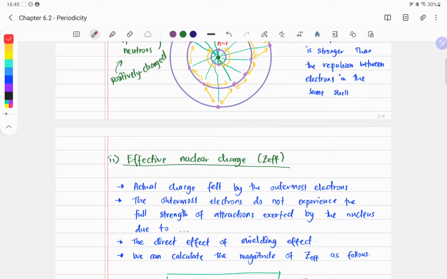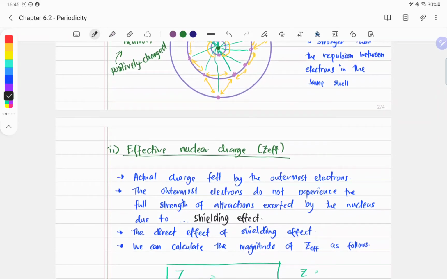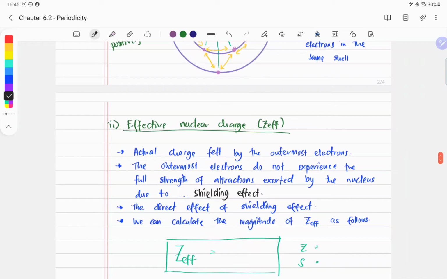The outermost electrons do not experience the full strength of attraction exerted by the nucleus due to the shielding effect. Jadi electrons dekat paling luar ini, dia tak rasakan daya tarikan sepenuhnya. Itulah effective nuclear charge. This is the direct effect of the shielding effect.